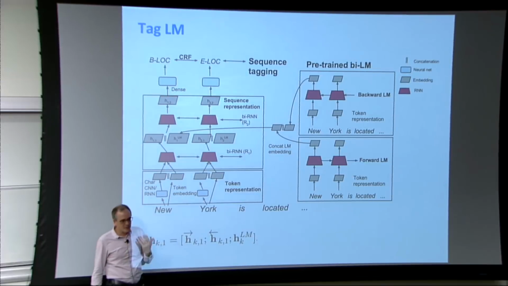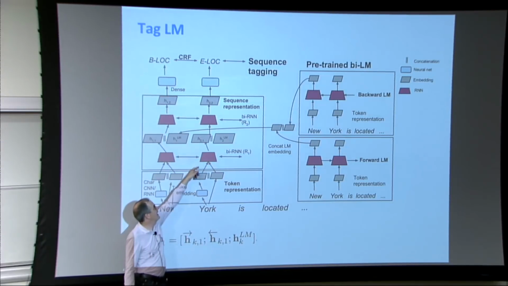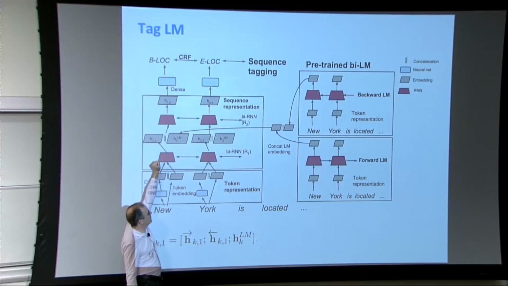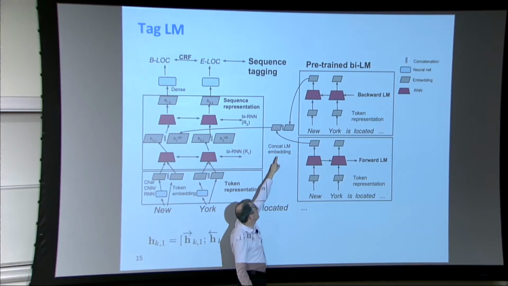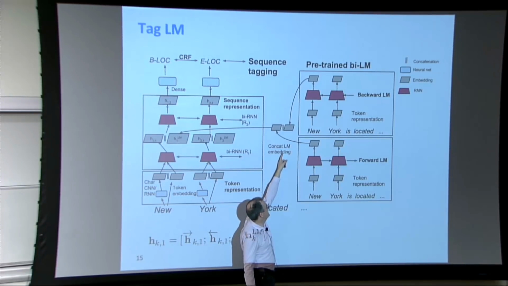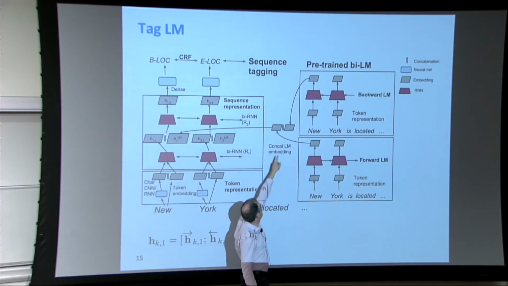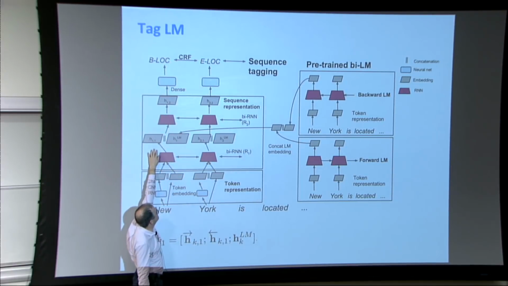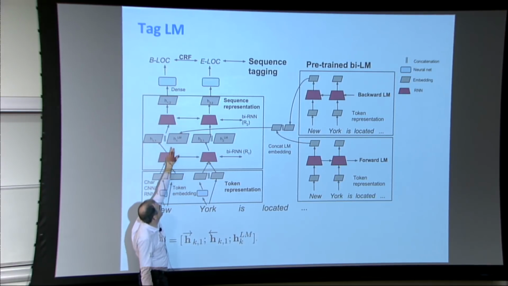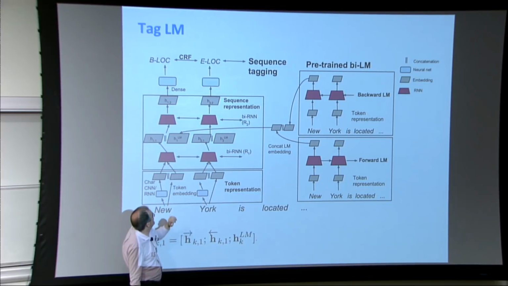When we get the output of this biLSTM layer, as well as its normal output, we can concatenate with each output what we get from our neural language model. So each of these becomes a pair of states, one fed up from the first biLSTM layer, concatenated with something from the neural language model.